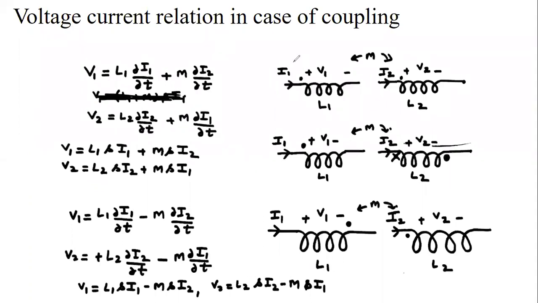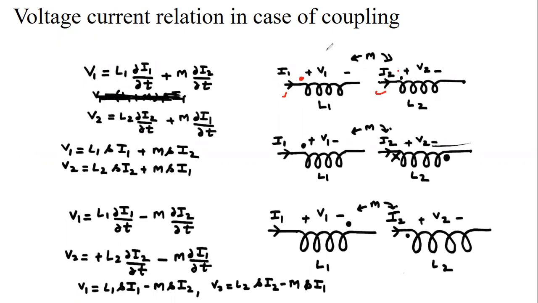First, if the two coils are coupled with each other, we always use the convention of the dotted sign. If the current in both the coils is entering at the same type of terminal, see, in this case current is entering from the dotted terminal, and in the other coil current is also entering from the dotted terminal.